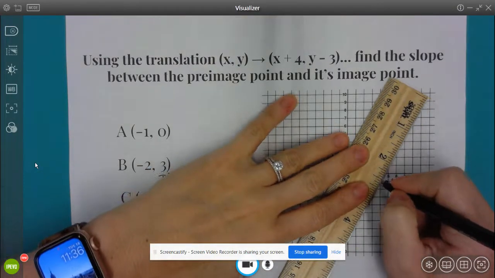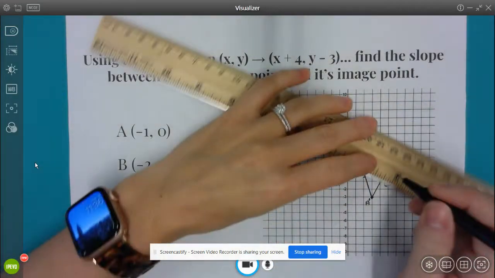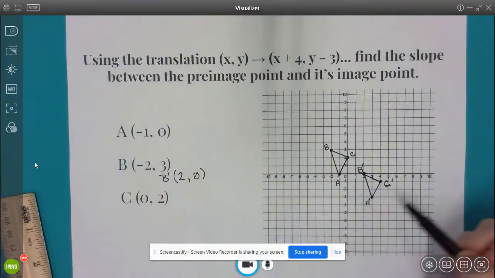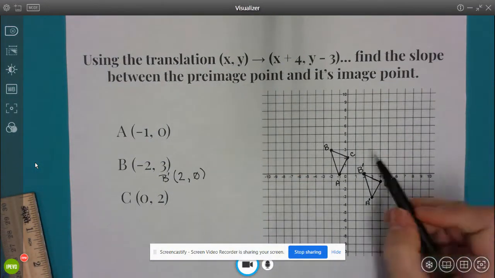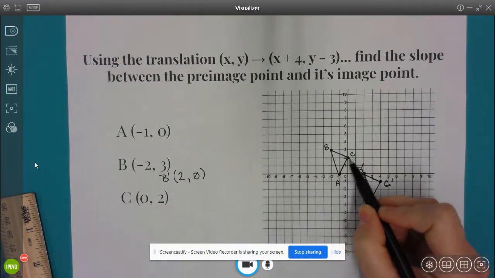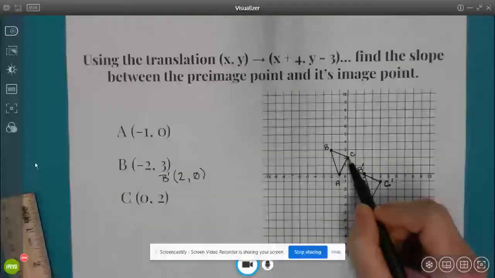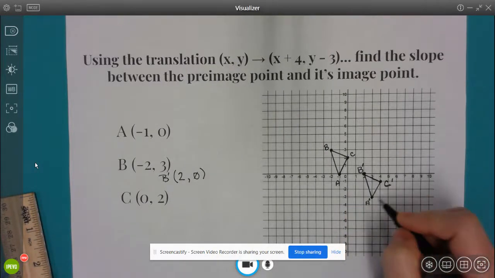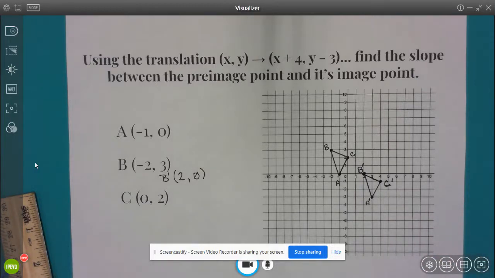Now, if you wanted to double check to make sure that all of your coordinates are in the right place that they should be, you could also use the comparison between A and C or B and C on your original. Here I went over 1 and up 2, so over 1 up 2 still gets me to C prime, so we're good to go.